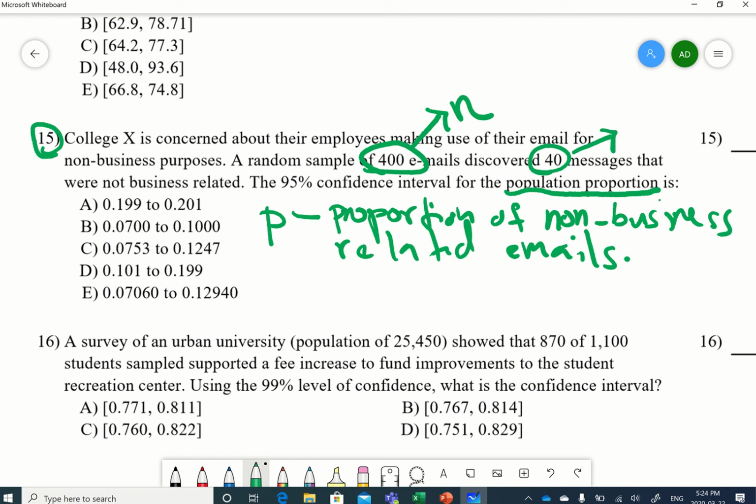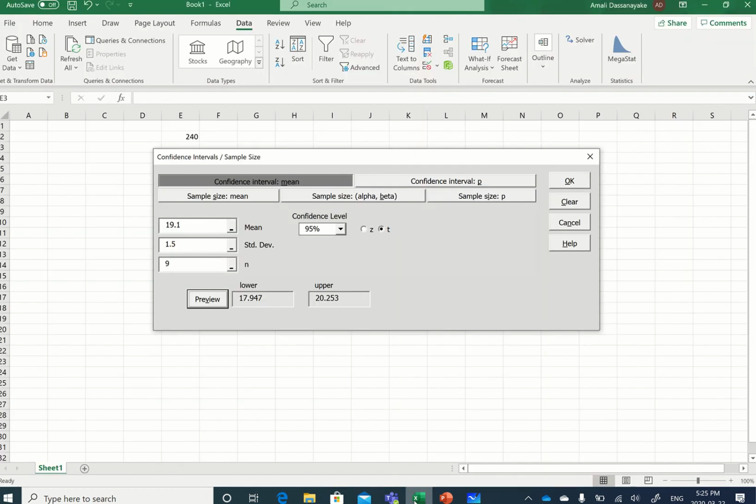So they're interested in figuring out the proportion of non-business related emails among their employees. What they've done is select a random sample of 400 emails, and discovered 40 of them were non-business related. So that is actually the sample proportion, p hat. P hat is 40 out of 400. So that's all you need when you construct a confidence interval for proportion.